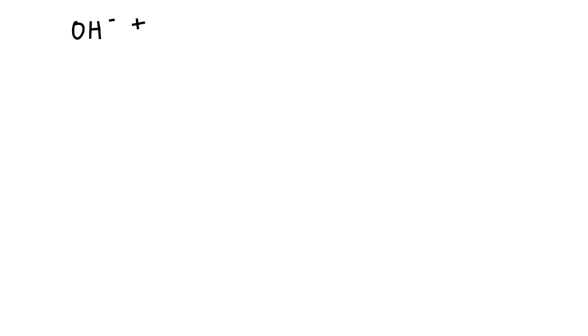So we can write generically, it'll react with HA, instead of having to write out the formula for acetic acid every time. And so we know that these two will react to make H2O, plus our conjugate base.